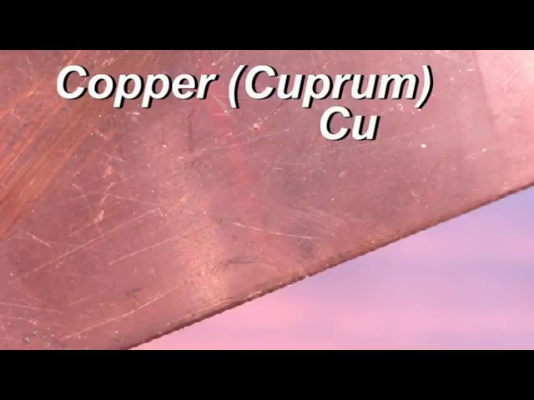Copper is an old metal dating from before the Bronze Age. The Romans obtained much of their copper from the island of Cyprus. They first called copper cyprium, then cuprum, so its symbol is Cu for cuprum.